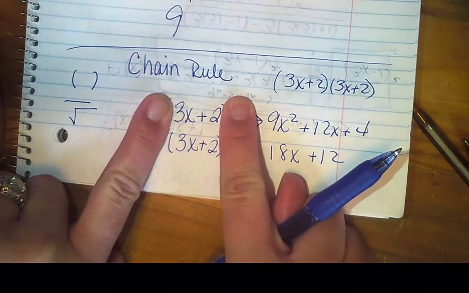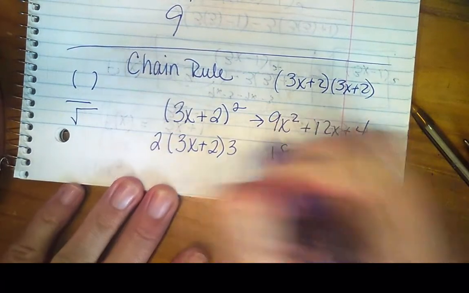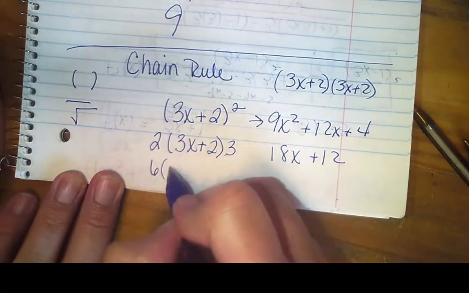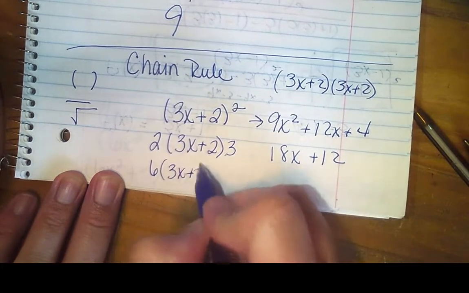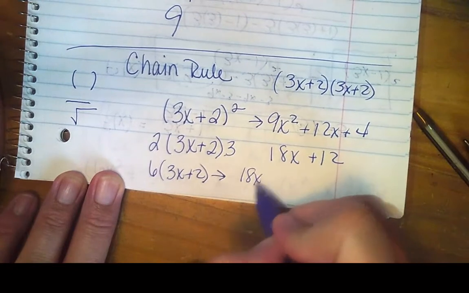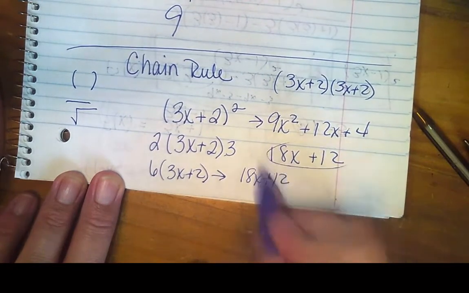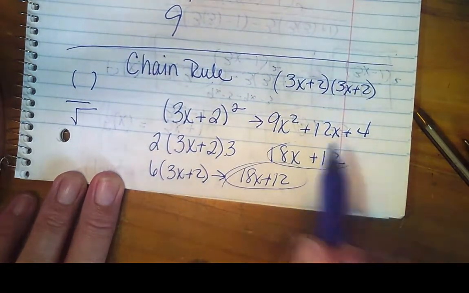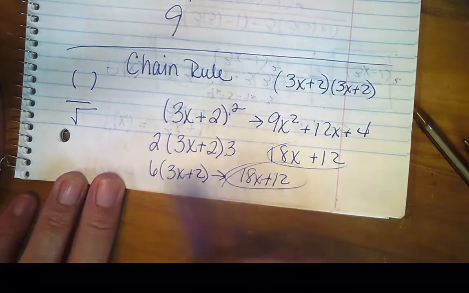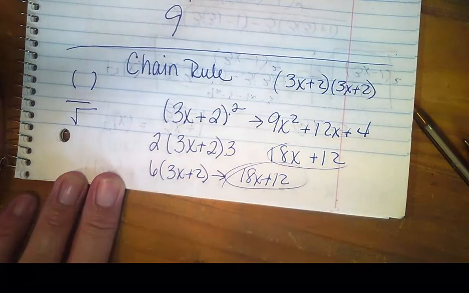It is 3. So now I have times 3. So 2 times 3 is 6 times 3x plus 2. And then when I distribute that, I get 18x plus 12, which is what I got on the other one. So chain rule is simply finishing it out by saying times the derivative of the inside.